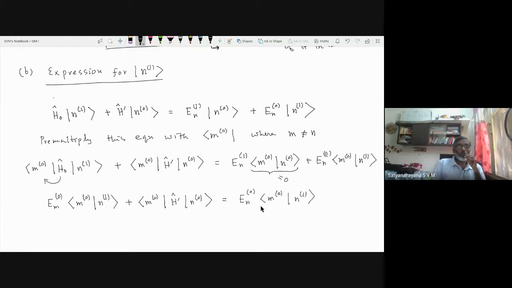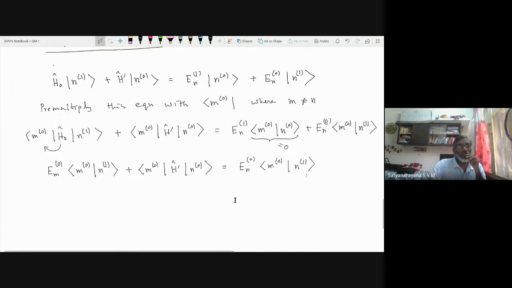Now let's say I bring this term on the right hand side. You see this m0 n1 is common to the term on the right hand side and the first term on the left hand side.